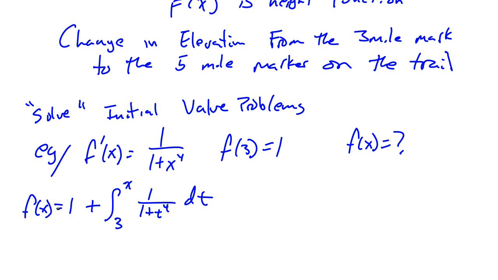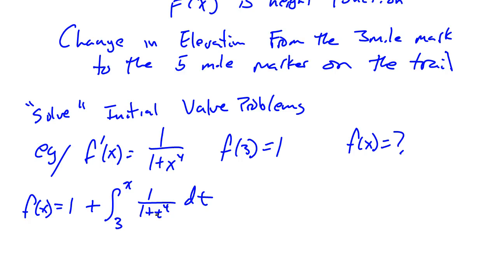So is this really a solution to this initial value problem? The answer is yes, but this generally isn't the way we like to write this function. We like to find some other closed form of it, but I don't know a closed form of it.